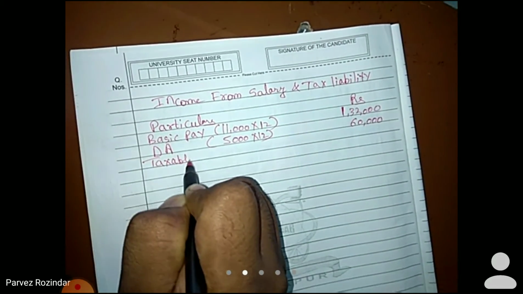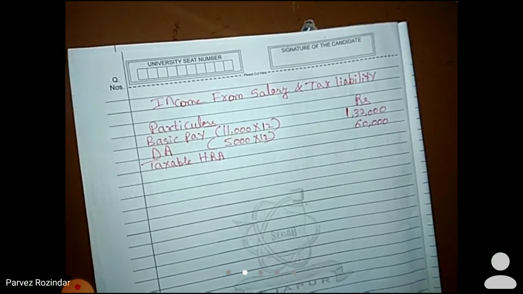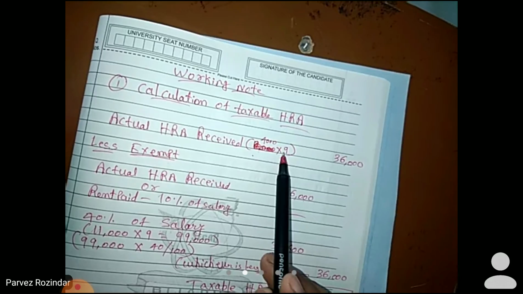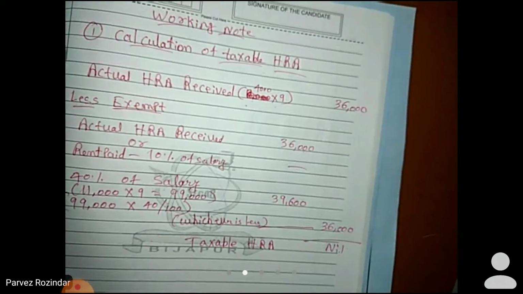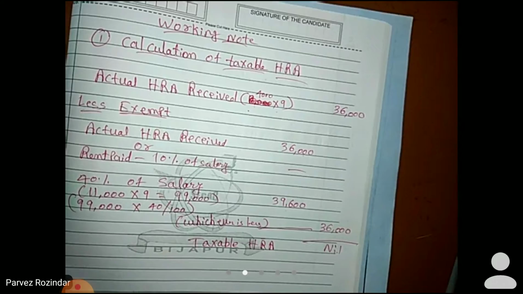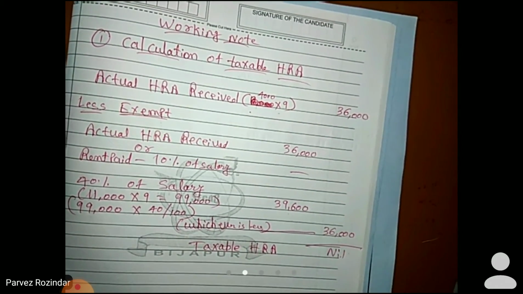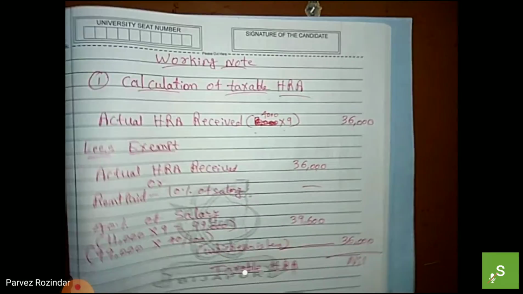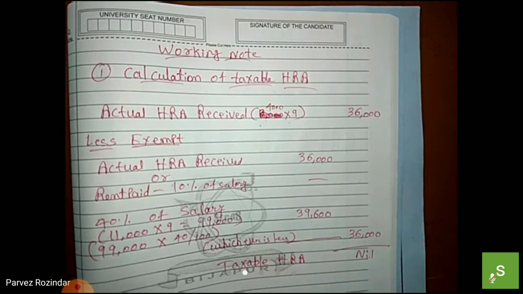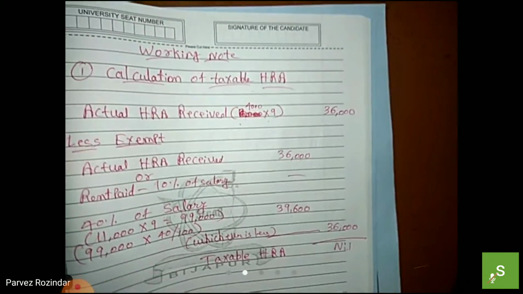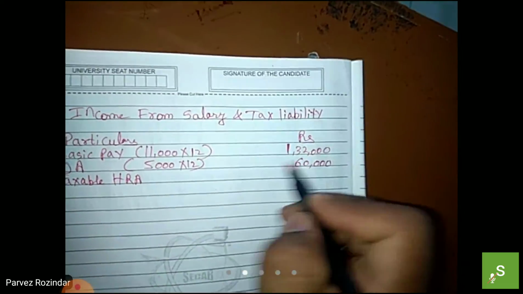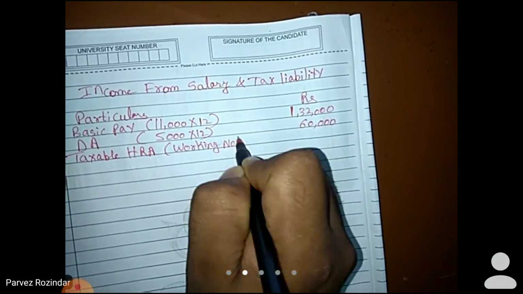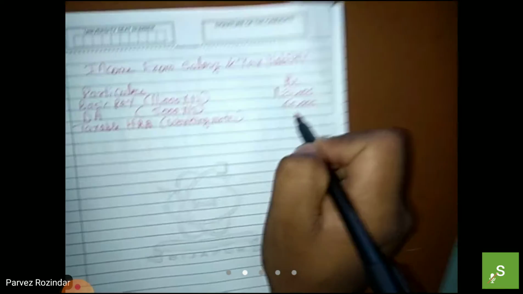Next, taxable HRA. Now HRA we have calculated here. Actual HRA received is 4,000 into 9, and we did all those calculations. Taxable HRA was nil. Here we need to put working note number 1, it is nil.